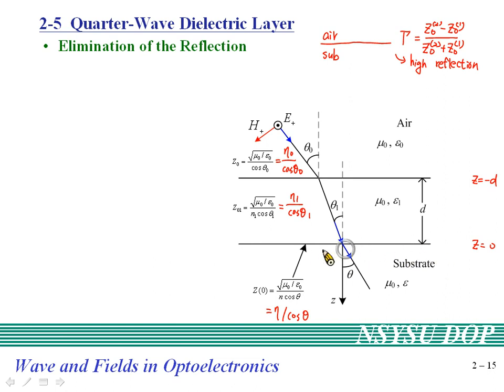At this interface, a little bit below, the wave impedance is Z of 0, which is the characteristic impedance for the substrate. And due to this dielectric layer, we can transform this wave impedance to this position, and we define it as capital Z of minus d. Let me plot it a little bit lower.